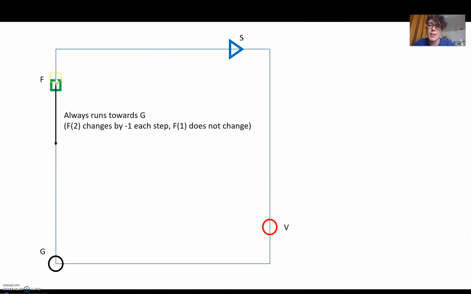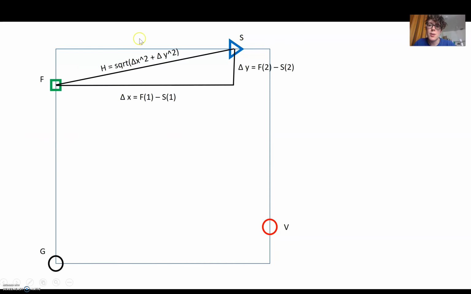So now that we've got an F, or Fluffy, moving in the correct direction, let's look at S, or Schrodinger. So I've drawn the triangle here between F and S. So the change in X, the delta X, is F1 minus S1. So the difference between the X locations.